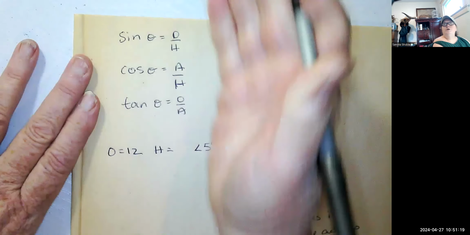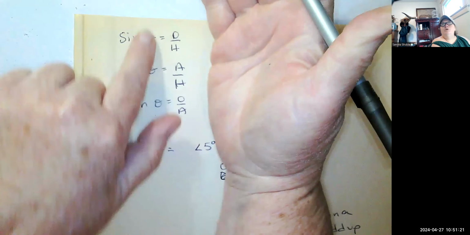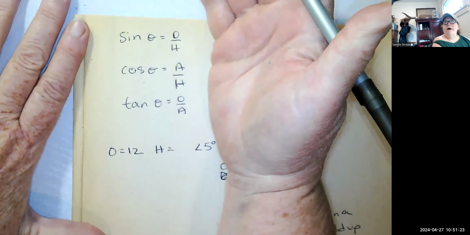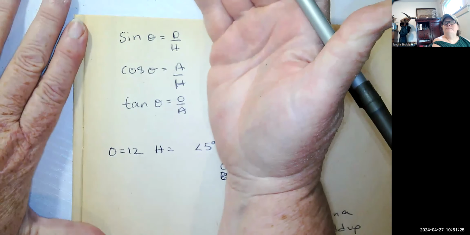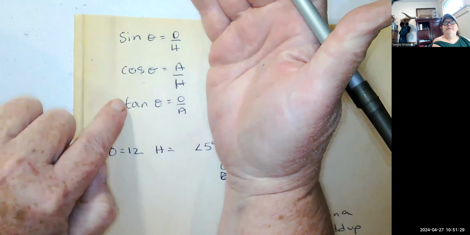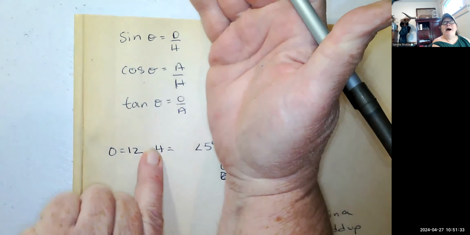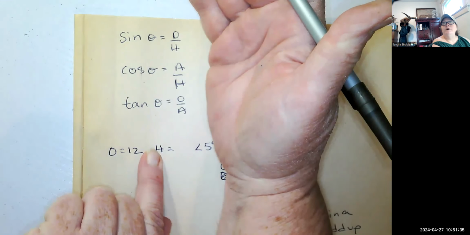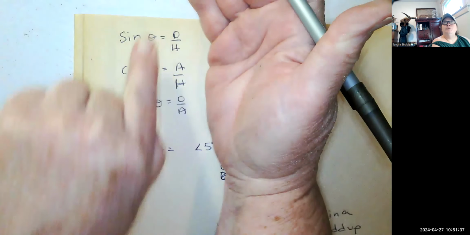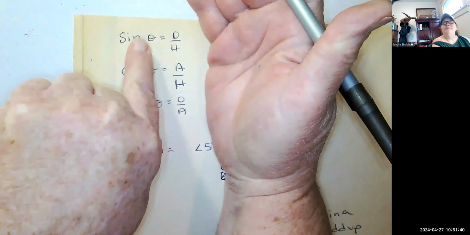I only want you to use these three trig functions to find the missing side. So my question to you will be, which one of these has both O and H? Because you have to have both of them in this trig function. The only one of these three that has O and H is sine function.